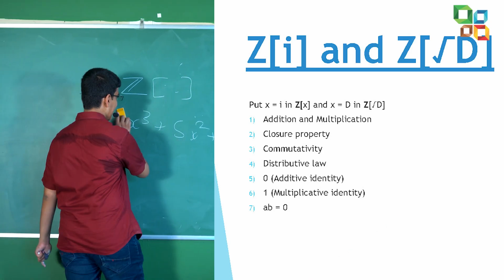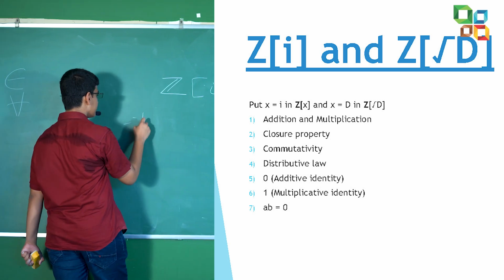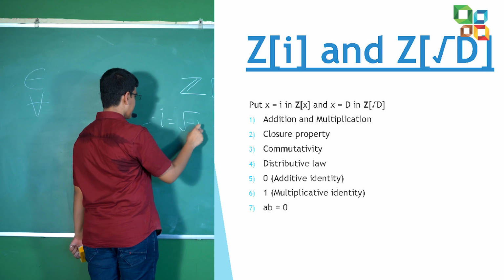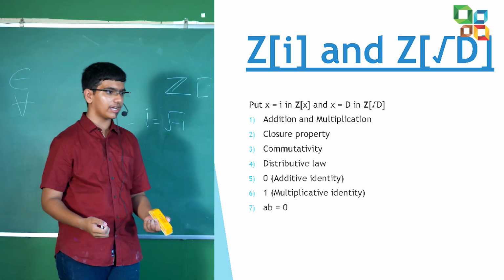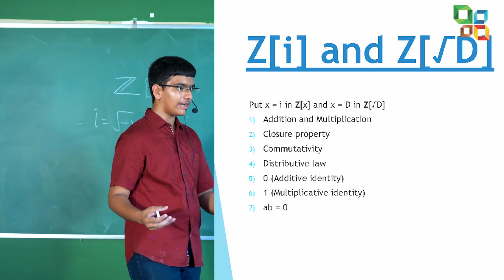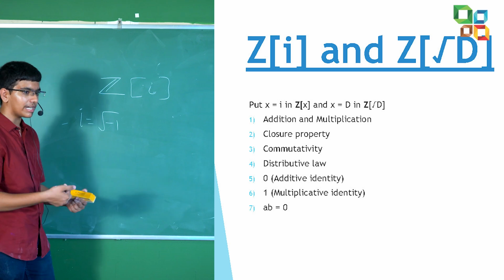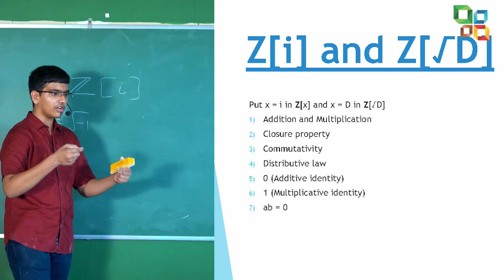We'll put in i. i is basically square root of -1. Basically, when people were solving quadratic equations, they realized that some quadratic equations didn't have solutions. That's because there's something called the quadratic formula. Under the root, you got a negative.